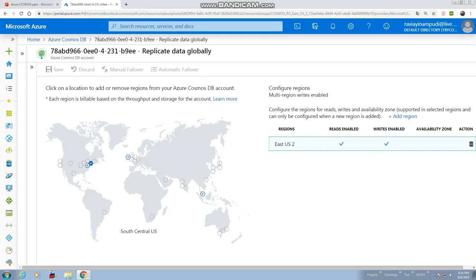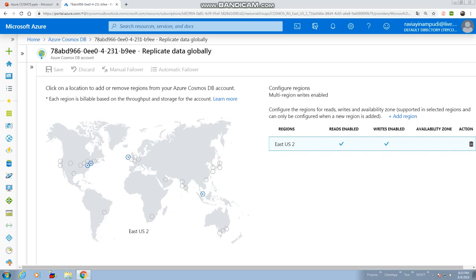West Central US, South Central US, Brazil South, North Europe, Africa, UAE North, and so on. These are all the distributed Microsoft Cosmos DB data centers. Of these, I picked one data center, at East US 2.